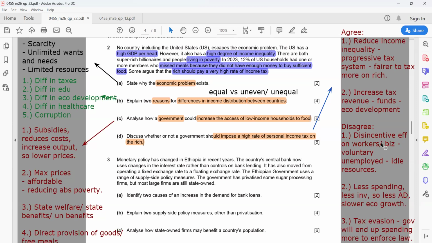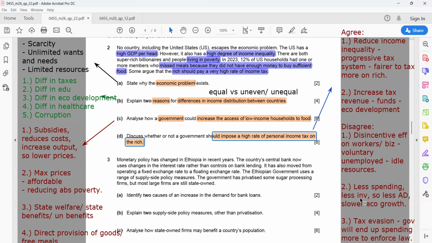So can I write that higher income taxes on the rich may reduce investment in businesses, leading to fewer jobs and slower economic growth? That one you will put under the second one. But this one is personal income tax though, not corporate tax. I mean, reduce investment in businesses, that means less investment.